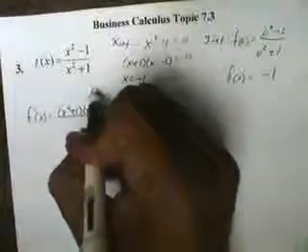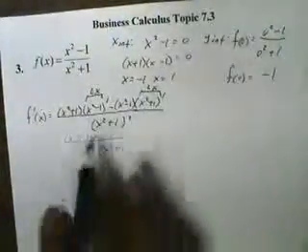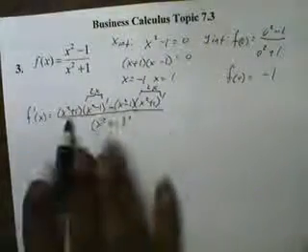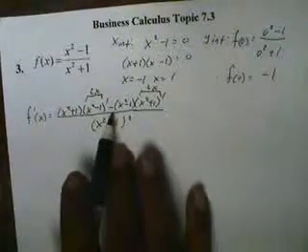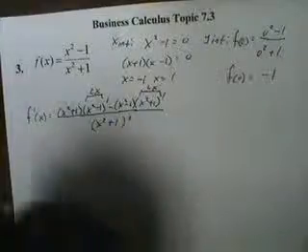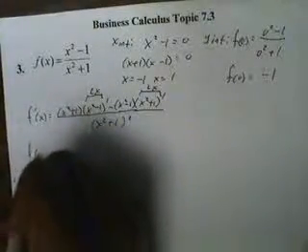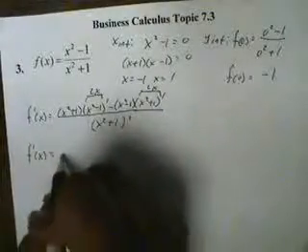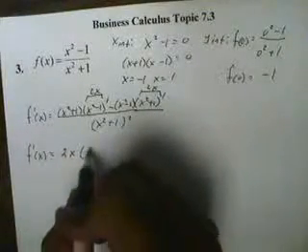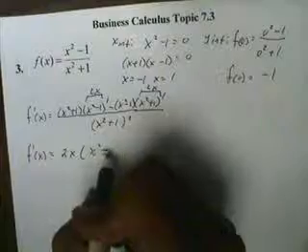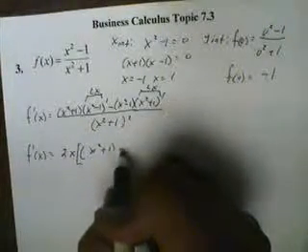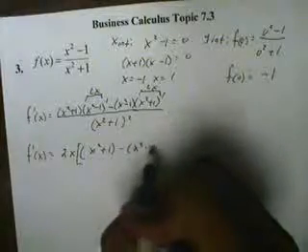Now the derivative of x squared minus 1 is 2x here and also 2x here. So I want to factor out those 2x's, leaving behind x squared plus 1 and negative x squared minus 1. And again, I'm just using the numerator only because only the numerator will be set to 0. So it's 2x taken out, leaving behind x squared plus 1 and minus x squared minus 1.